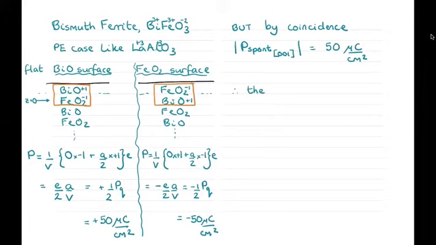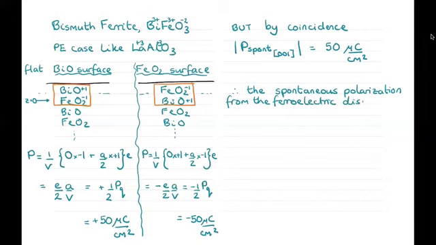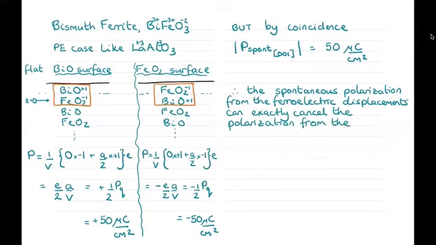So the spontaneous polarization from the ferroelectric displacements can exactly cancel the polarization from the half quantum for two combinations of surface choice and polarization direction.